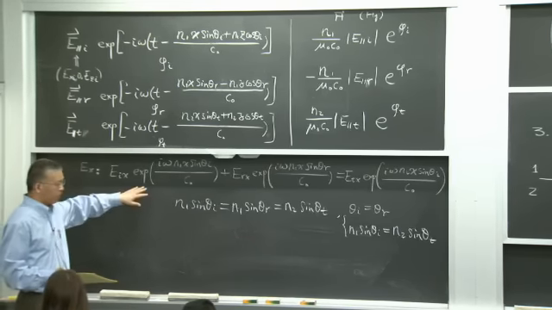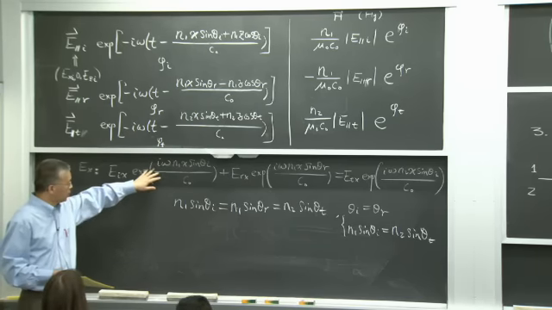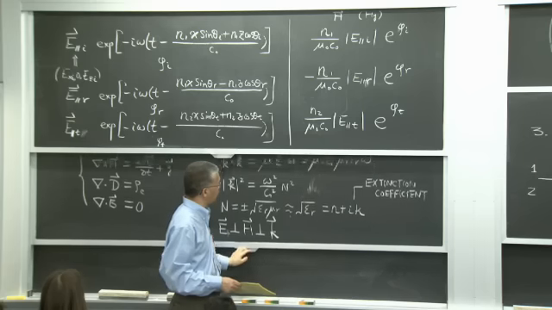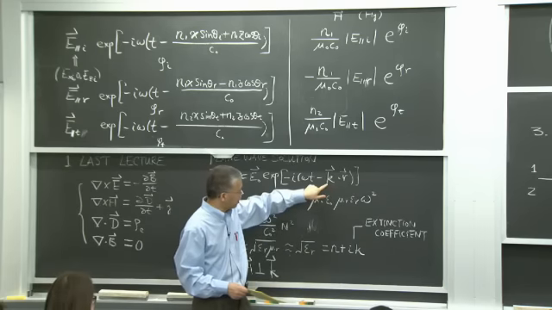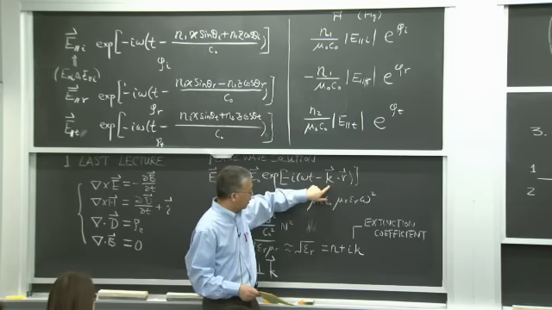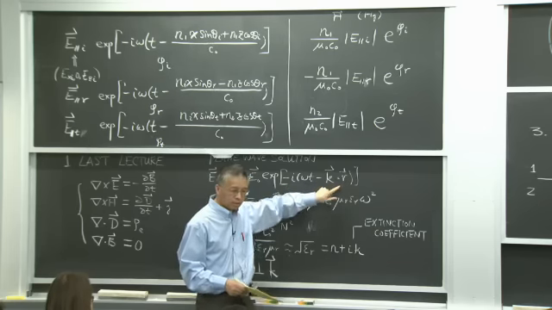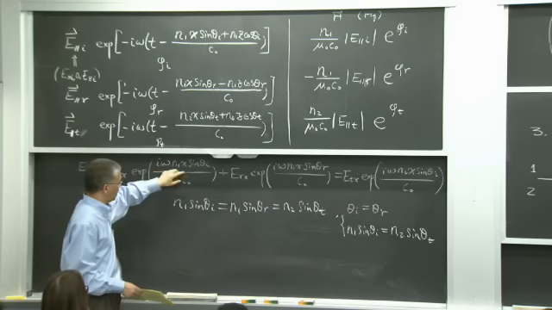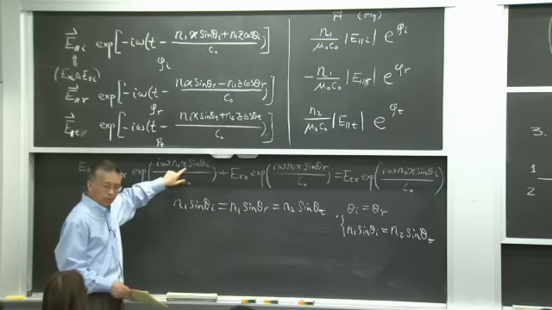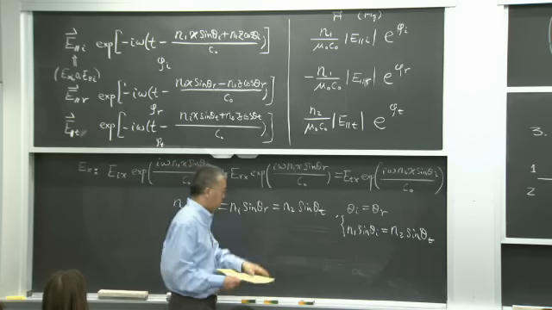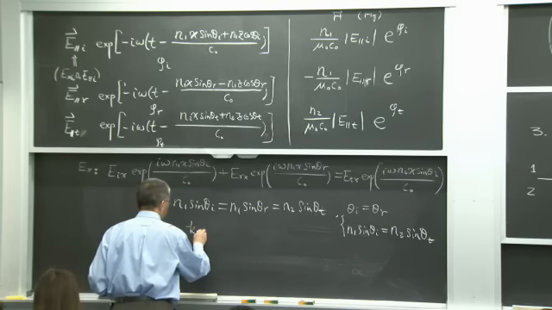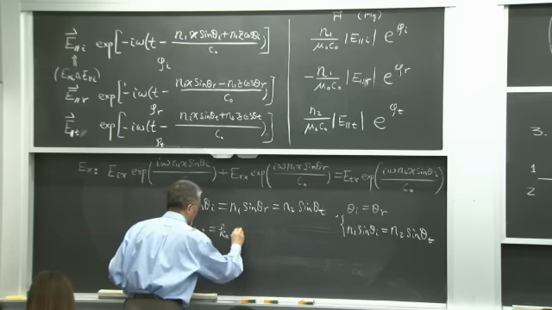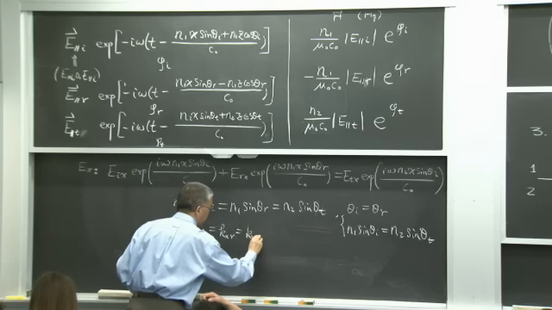Another way to think about this is if you look back into our general solution, this exponent is k_x times x. So k_x is continuous. So k_x incident equals k_x reflected equals k_x transmitted.